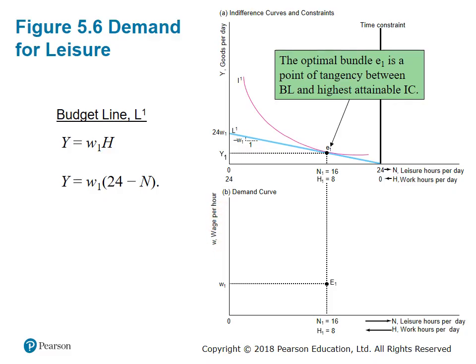Now we can transfer the optimal point E1 from the top panel to the bottom panel. We determined that at the optimal bundle, Jackie has 16 hours of leisure. This is her best choice when the hourly wage rate is W1. So E1 is 1 point on Jackie's demand curve for leisure.